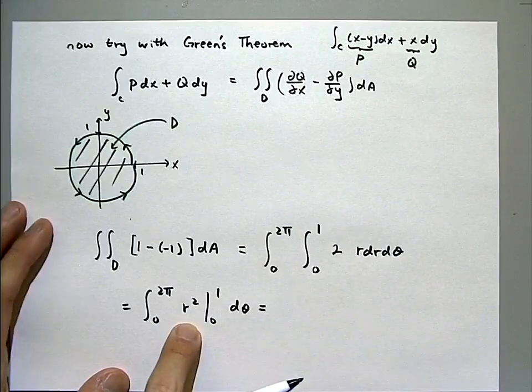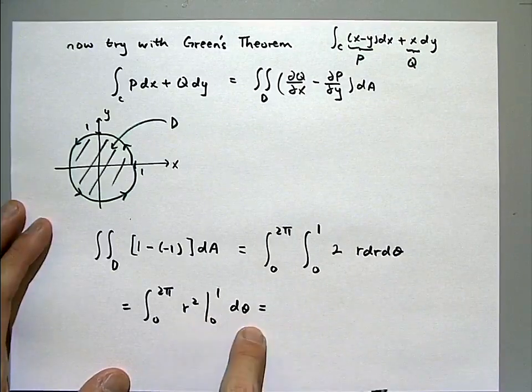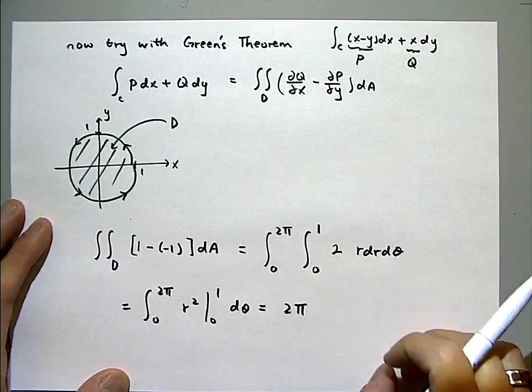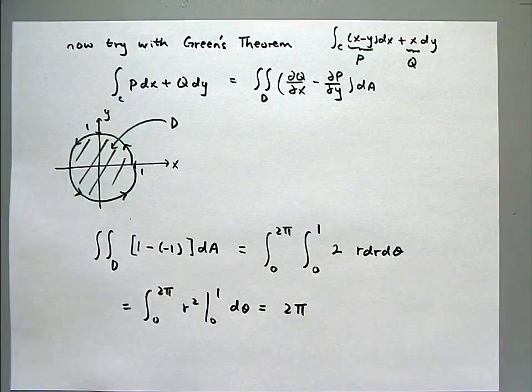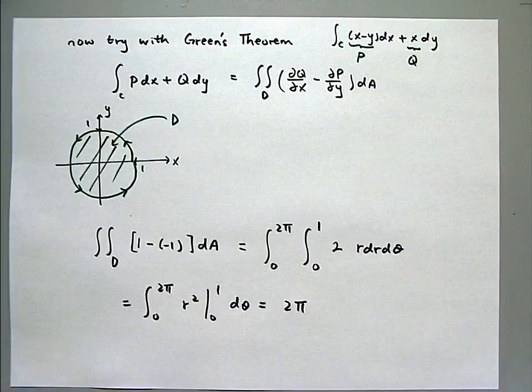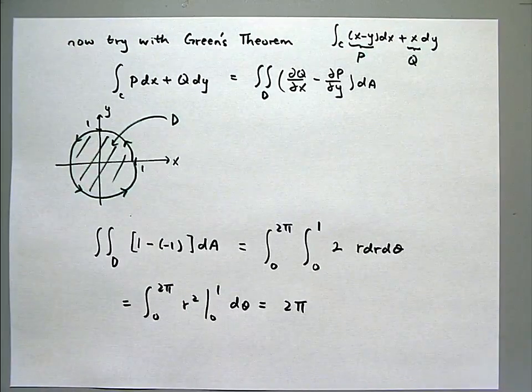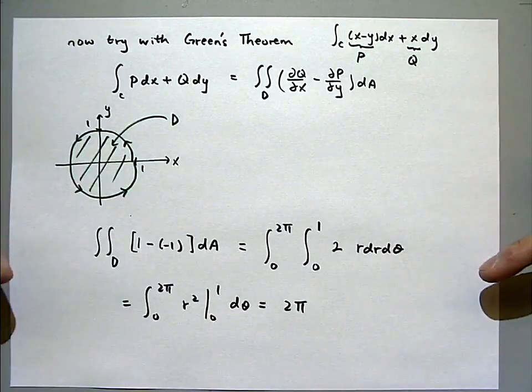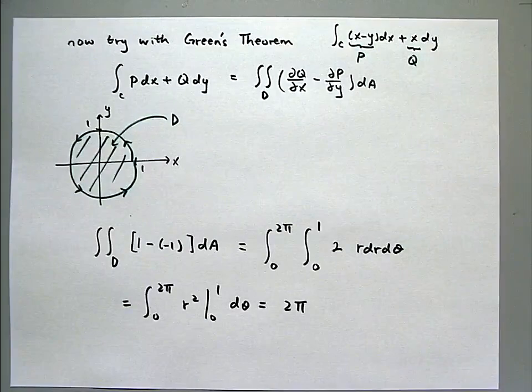That gives me a 1. 1 d theta is theta, 0 to 2 pi is 2 pi. So exactly the same thing. Now you can see that for many cases, if the region is easy to describe, using Green's theorem can cut you a lot of work. You get the same answer in a lot less work and time.